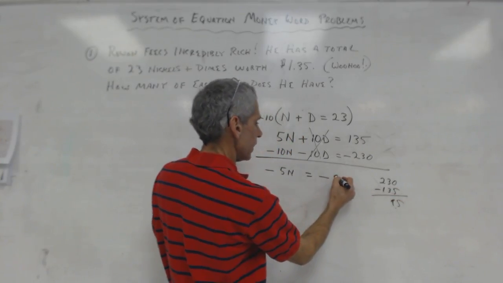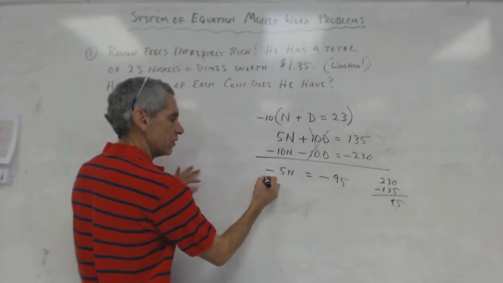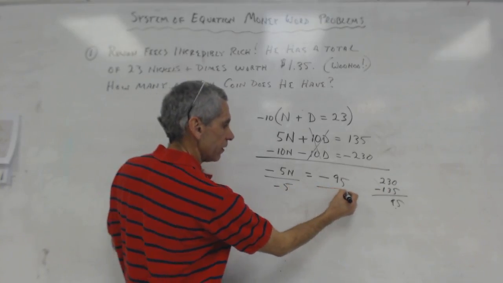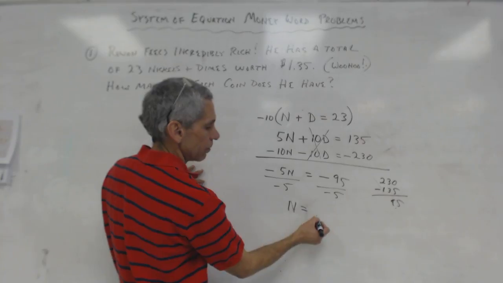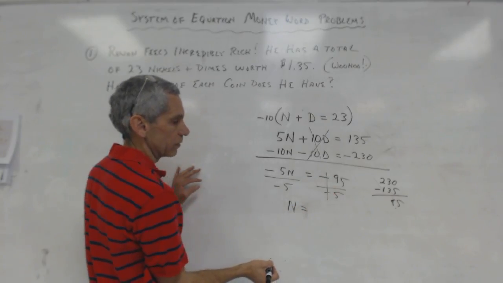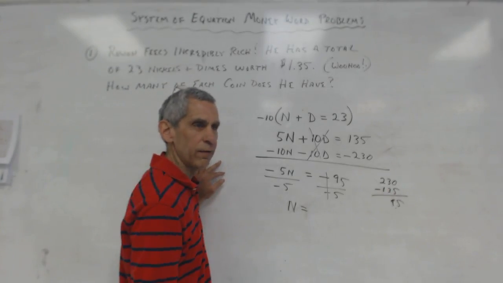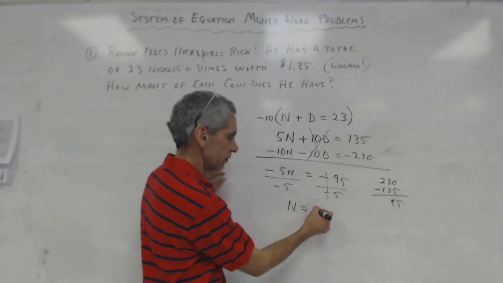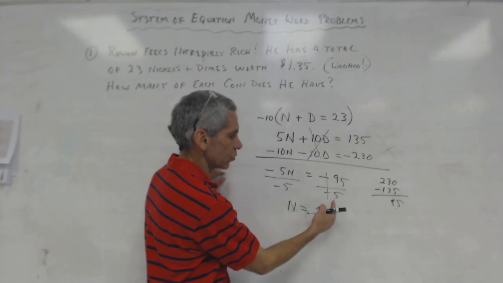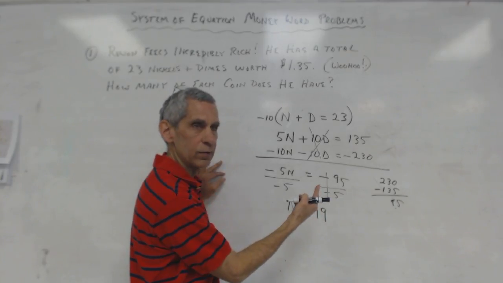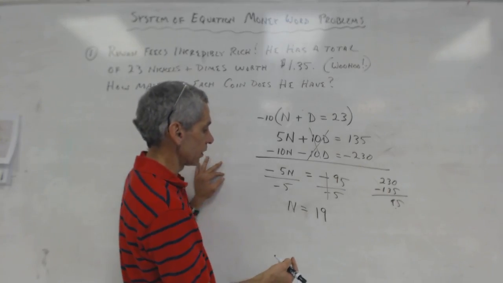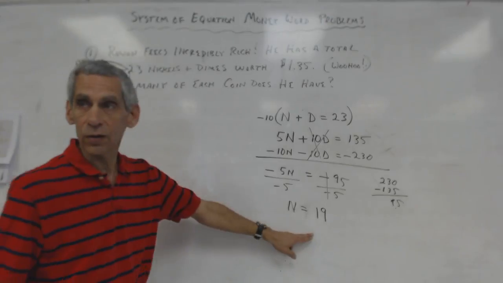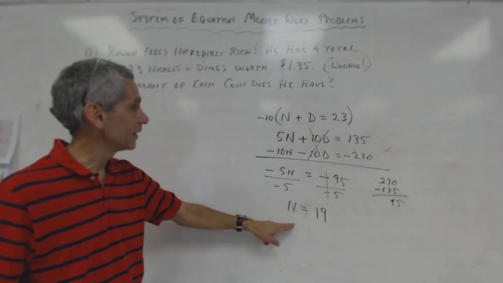Now I'm going to divide by -5. N is equal to positive, those become positive. 95 divided by 5 is, I think, 19. Am I right? Because 5 times 20 is 100, so 5 times 19 would be 95. That sounds right. So my number of nickels, or Rowan's number of nickels, is 19.